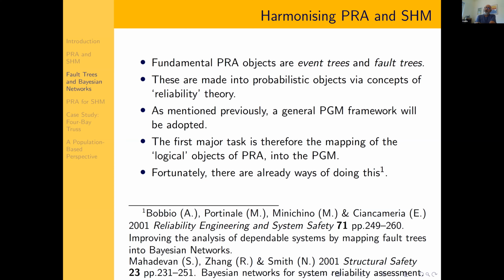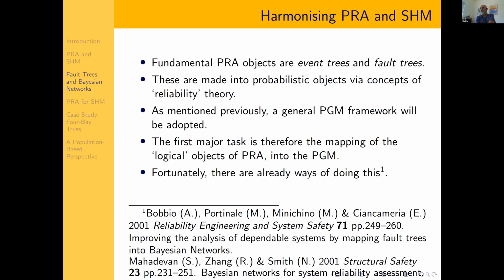So the first thing we want to do, if we want to map PRA into SHM, is turn objects like event trees and fault trees, which are stories of consequences, if you like, into probabilistic graphical models.